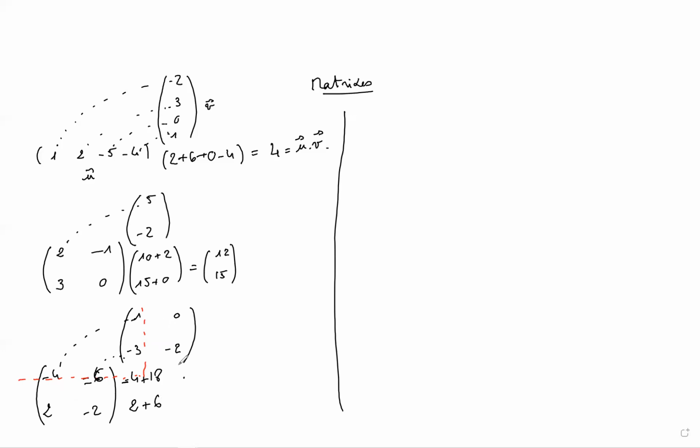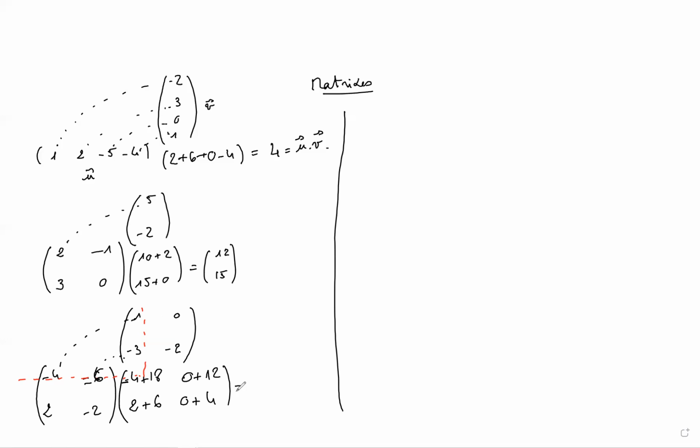Here, to get this number, I'll see where this line crosses this column. So minus 4 times 0 is 0. Minus 6 times minus 2 is 12. And here 2 times 0 is 0. 2 and minus 2 times minus 2 is 4.